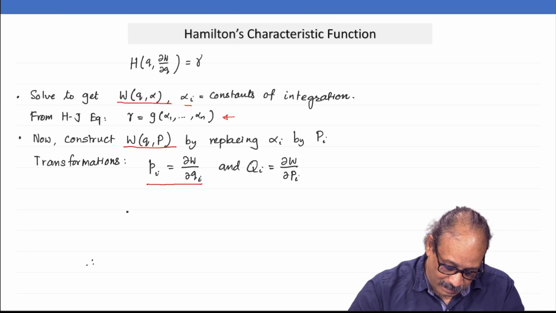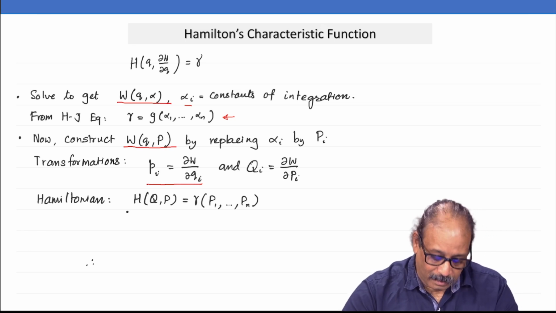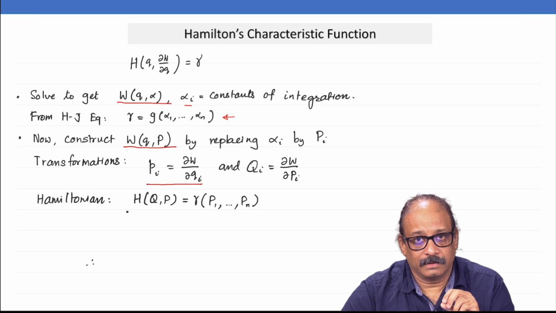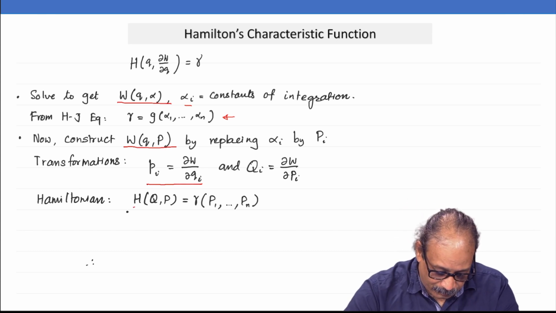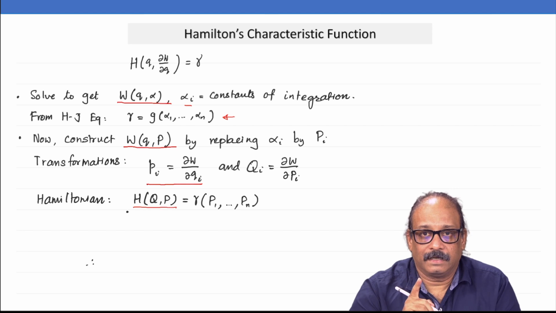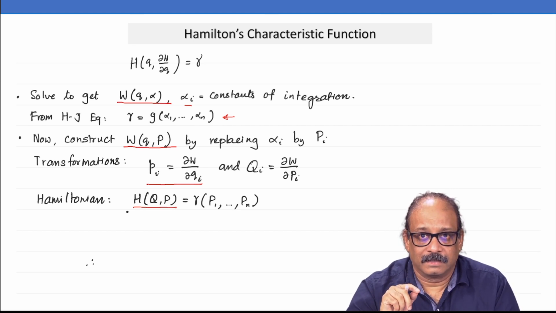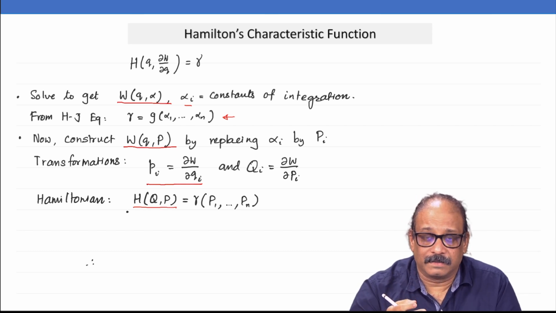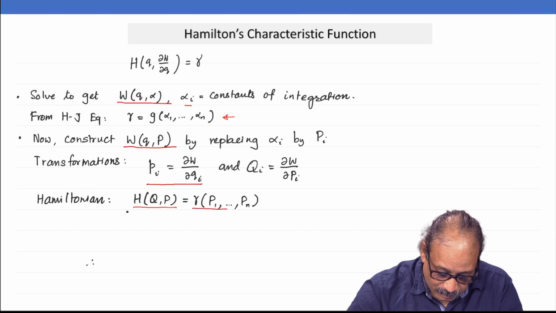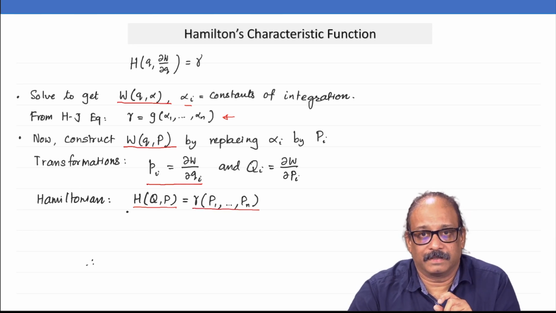Now, once you have these equations, what happens to the new Hamiltonian? The new Hamiltonian, remember, is a function of capital Q and capital P. This, of course, we already know is gamma, and gamma is a function of alphas. So, alphas have been replaced by P. So, this is in fact a function of only P variables.